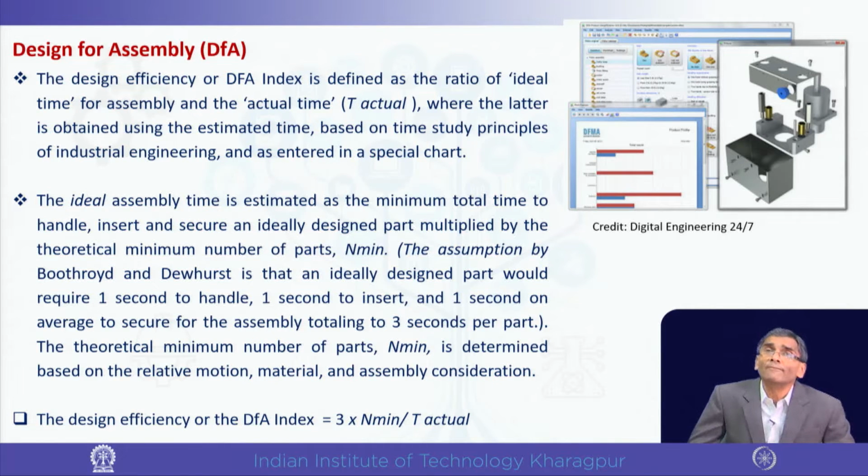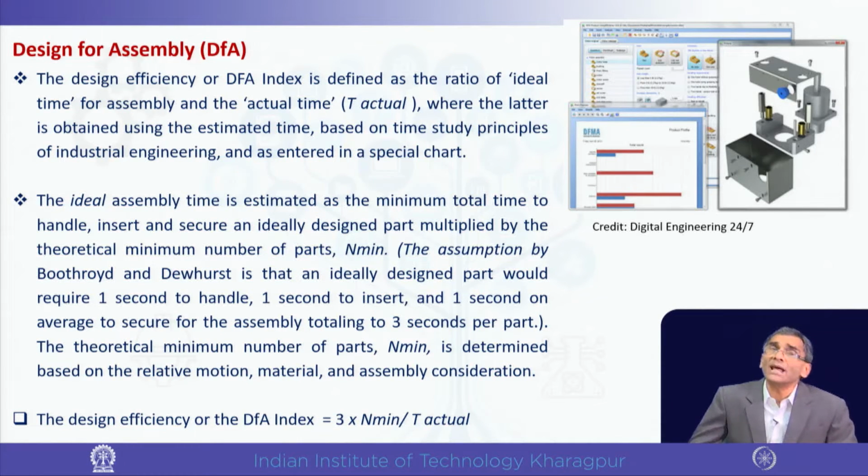How can we figure that out, if the product is still not ready and physical assembly is not possible? Here there is a method called the industrial engineering time study method, or time assessment method, also called work measurement. From there one can find out the time required for a particular assembly. It is based on estimation.